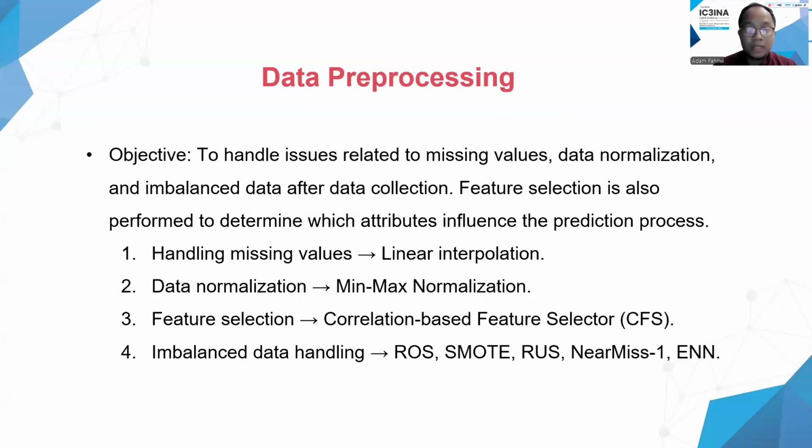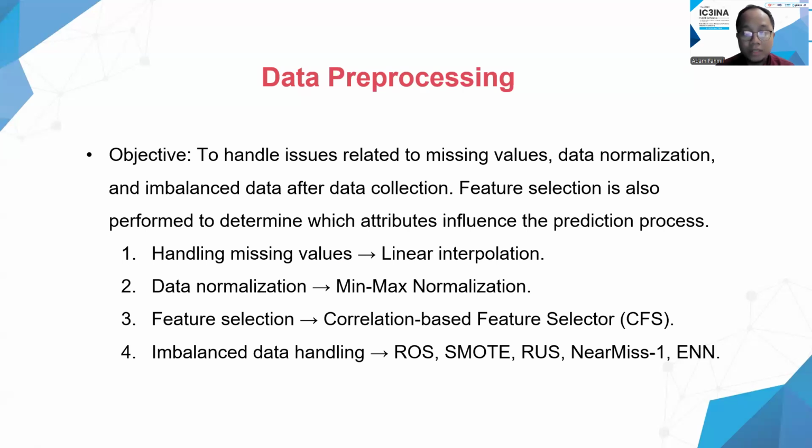For the data preprocessing, the objective is to handle issues related to missing values, data normalization, and imbalance data after data collection. And also we implement feature selection to determine which attributes influence the prediction process. So for this data preprocessing, we got 4 steps.